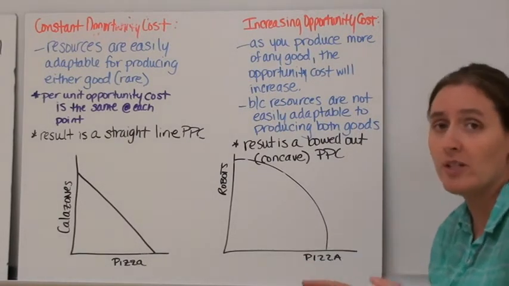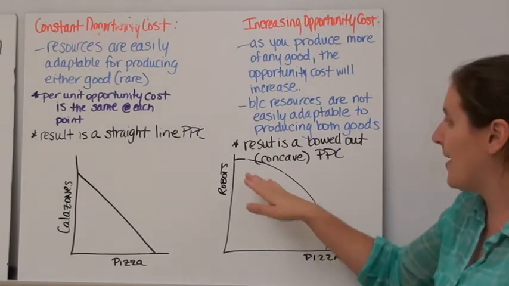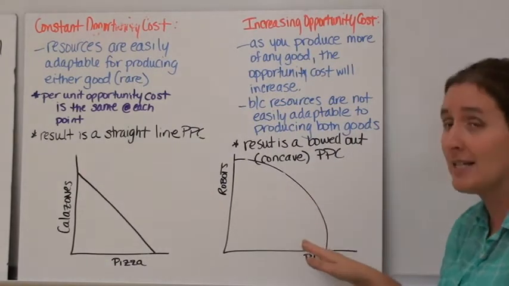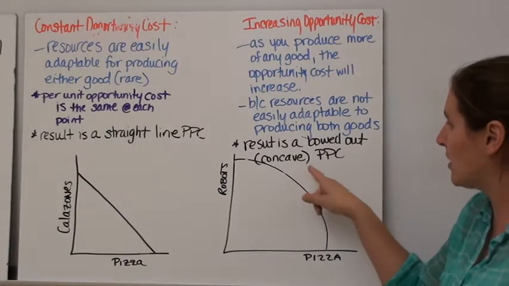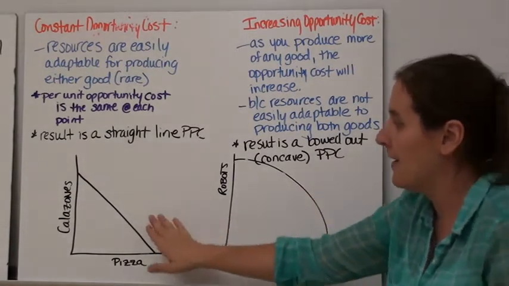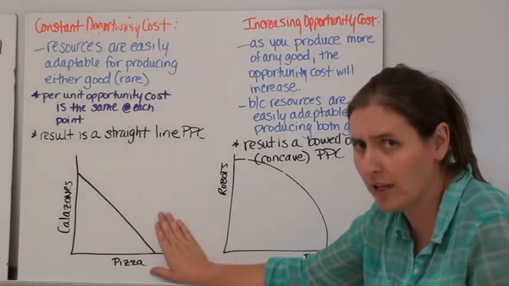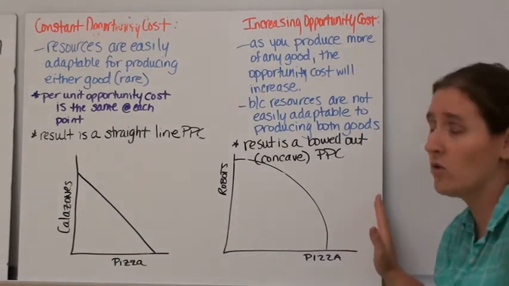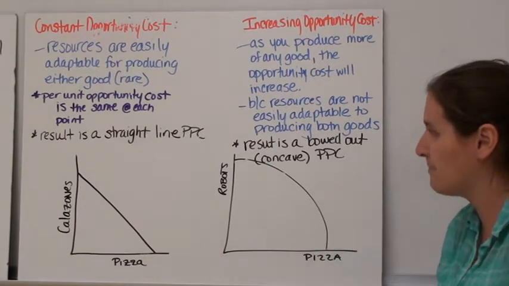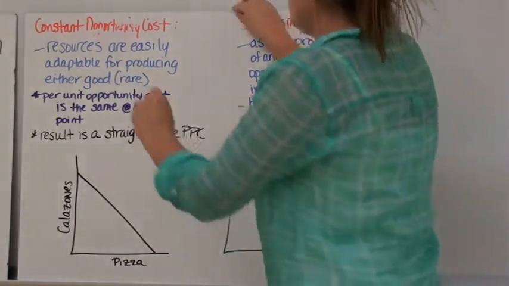So your resources are going to be different, all right? And as you change to making more pizzas, it's going to cost more for you to do that. So the result is a bowed out or concave PPC, okay? A straight line PPC is rare; you hardly ever see one. The bowed out one is normal, and this is what we'll look at in macro.